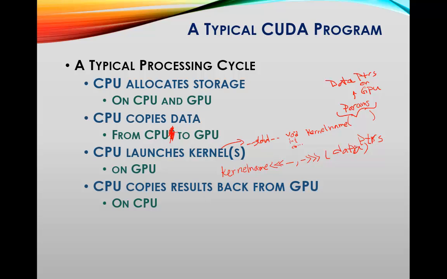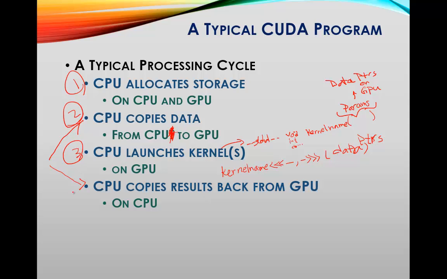Once the kernels execute and finish their processing, the CPU part of your code will have to be responsible for copying back the results from your GPU onto your CPU so you can work with them. And this transfer again happens through a cudaMemcpy in the reverse direction of what happens in step number 2.